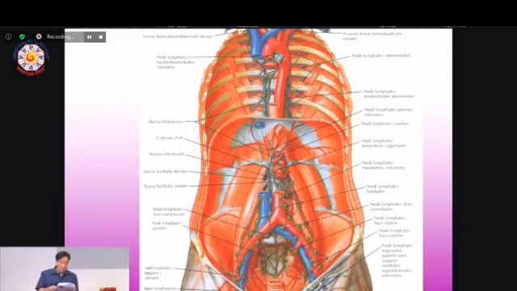So we have the inguinal, we have 40, 41, 40, 41, yeah, and 48 and 49. Actually, it's all femoral pulse.